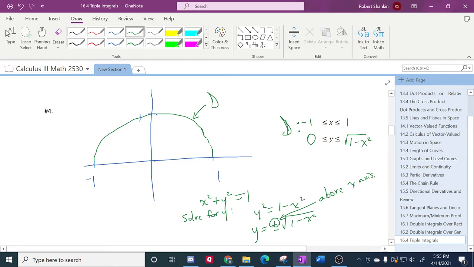So when the x is -1, plug that in, you'd get the y being just 0 to 0. But as x moves to 1/2, you'd have the y going from 0 up until the square root of 1/2, which gets you right up here. All right, so go ahead and give me some feedback on number 4, please.